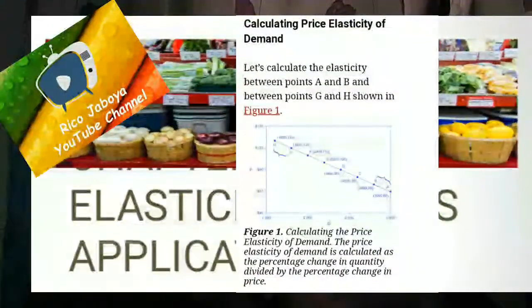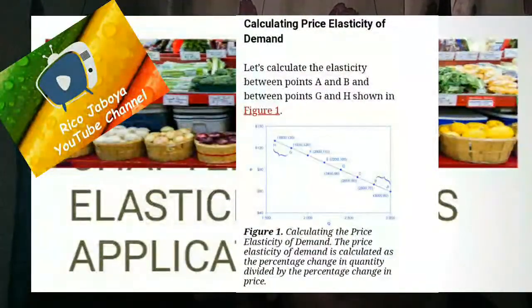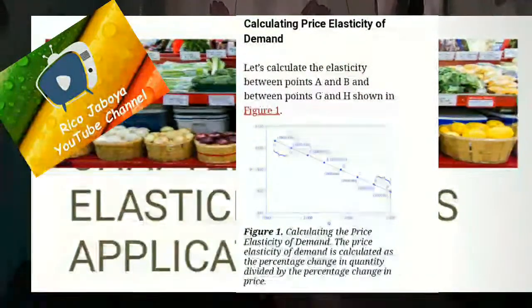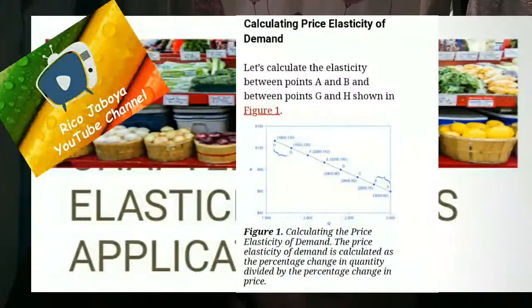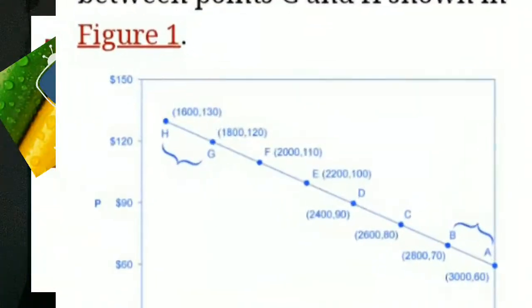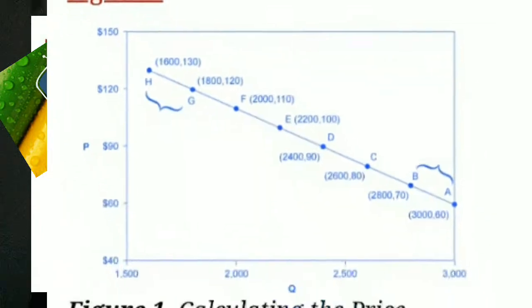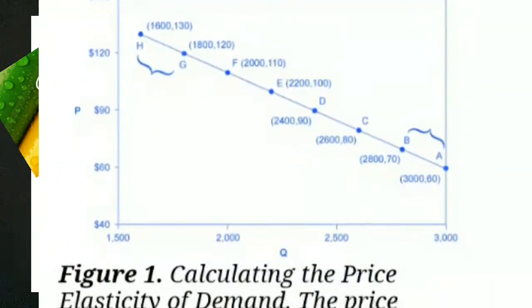The price elasticity of demand is calculated as the percentage change in quantity divided by the percentage change in price. So, what do we have here? A and B, and G and H. Let's look at A and B.